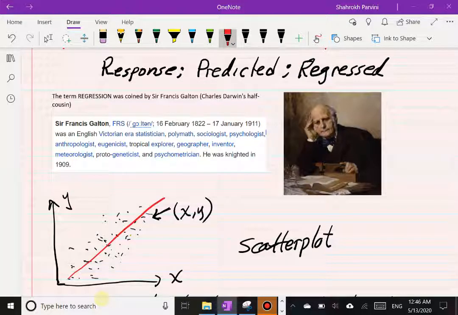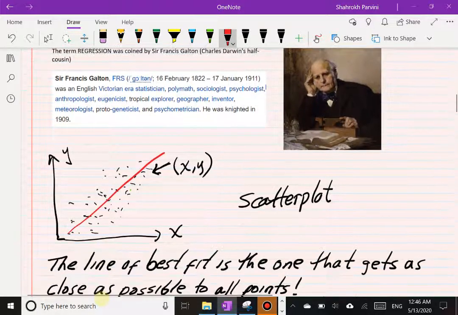That's much better. That's probably the best line I have drawn throughout this process. That's the common sense logic of how we would go about doing this.